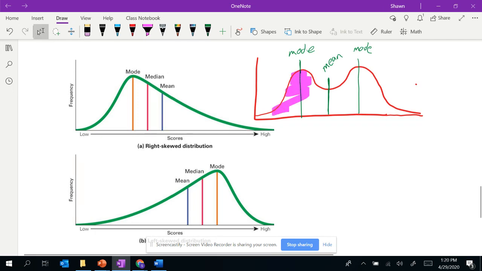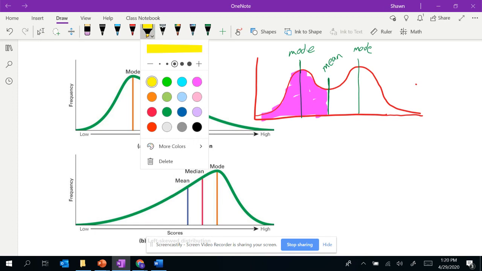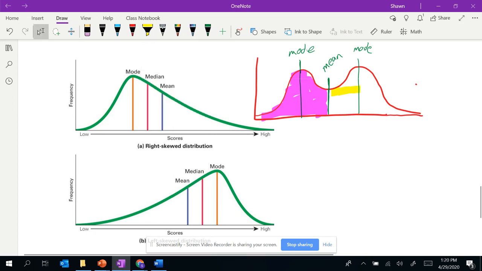The area underneath the curve. Well, this would be our area under the curve. That's one side right there, and our other side would be this one right here. I would say those look pretty darn close to being the same. So, in other words, this would also be our median.